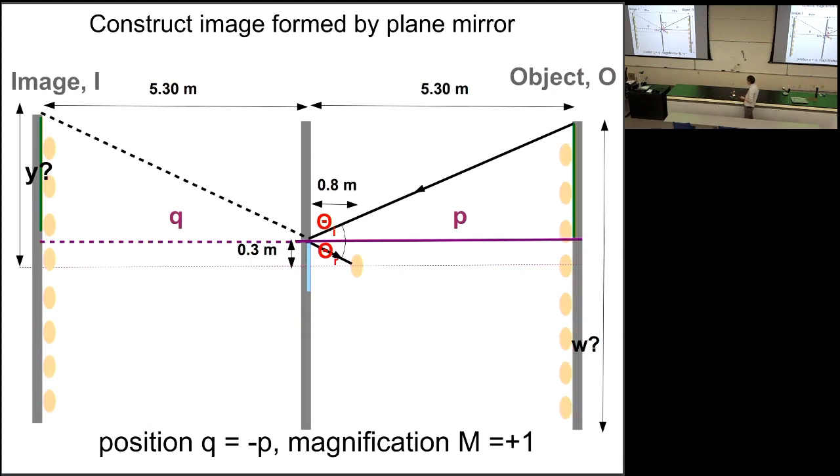In doing that, I could draw a couple of rays. One ray I could draw is this ray here that travels from the object and bounces off the mirror. That's a familiar ray.